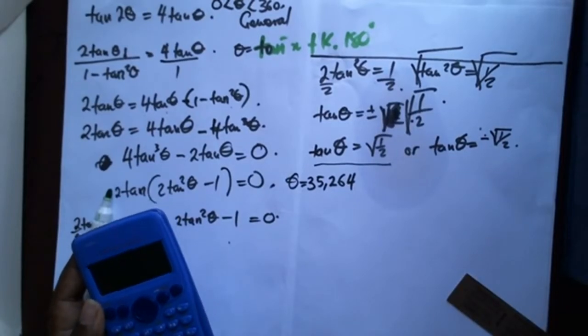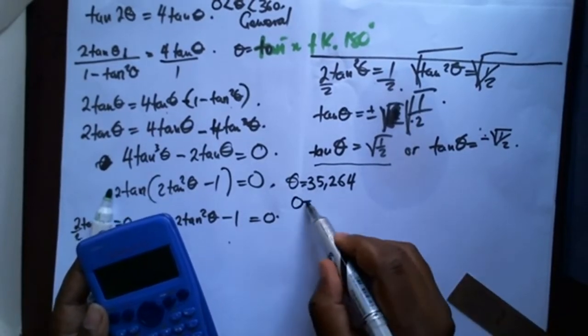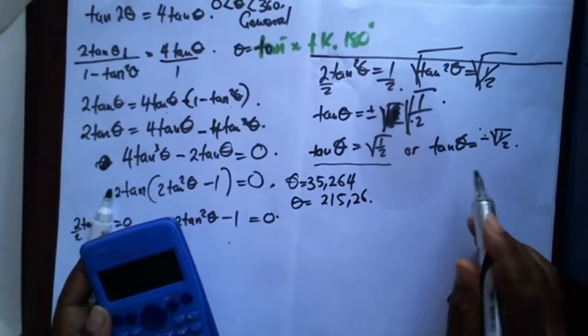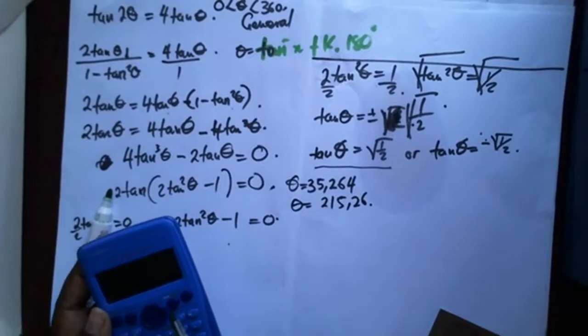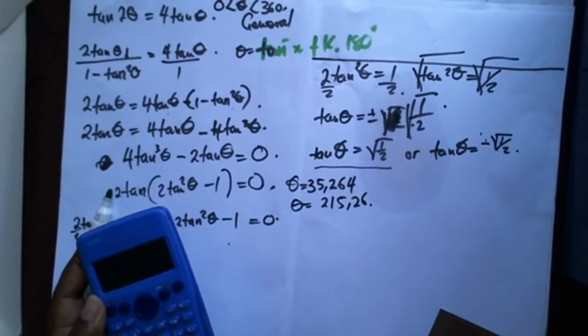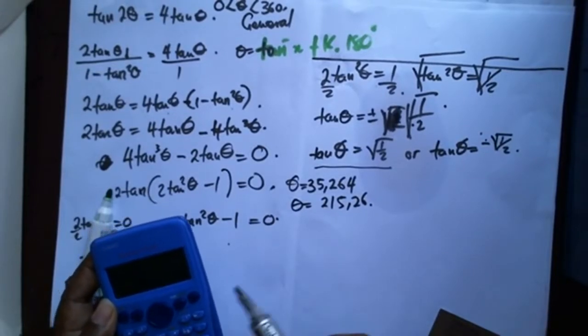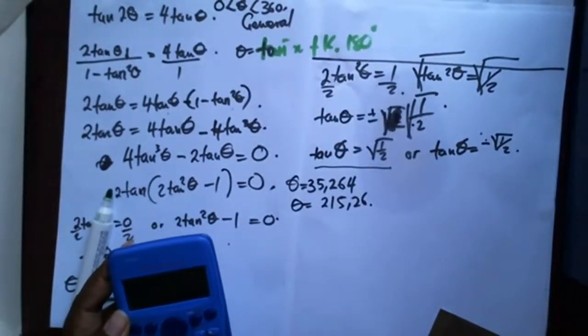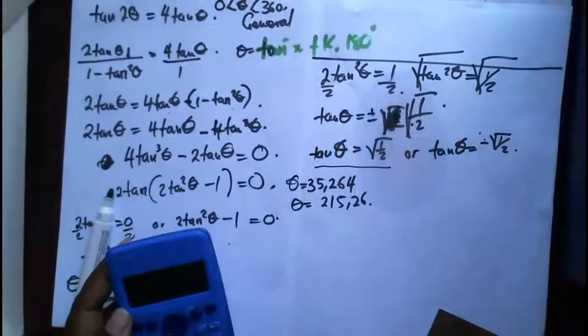So I'll add 180, I'll get another one. Theta is equal to 215.26. Then here, if I add another 180, I'll get 395, which is out of my range. So I'm only interested in these.